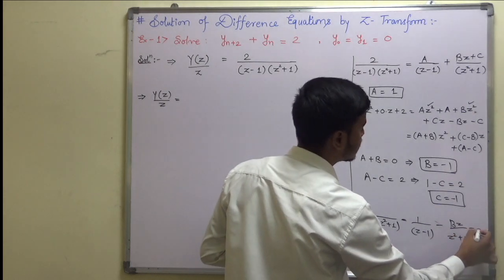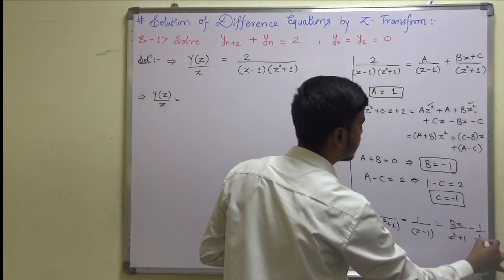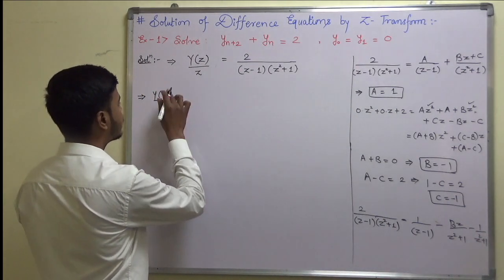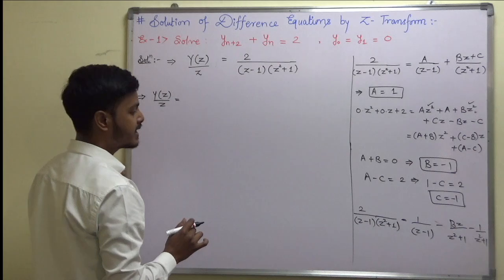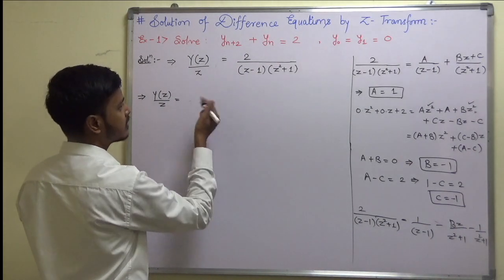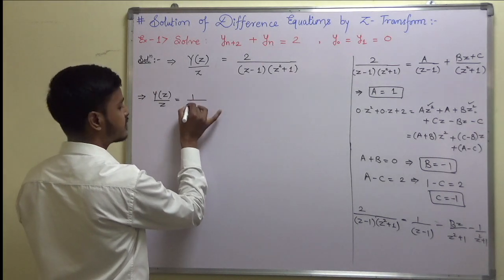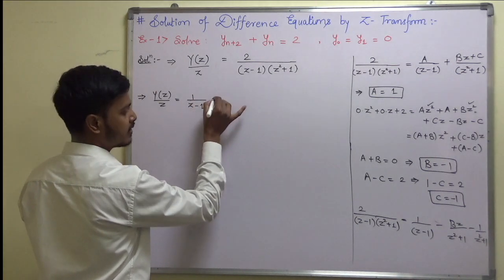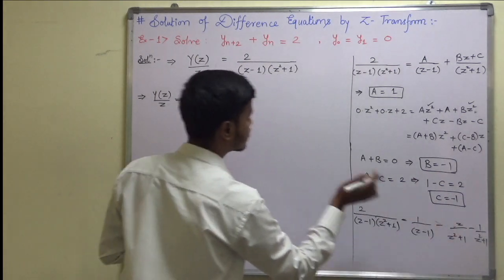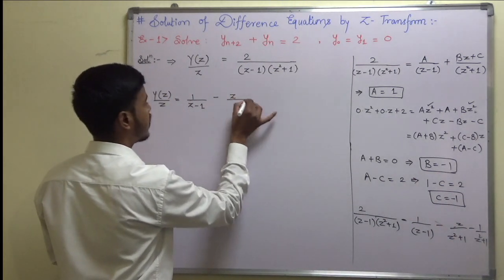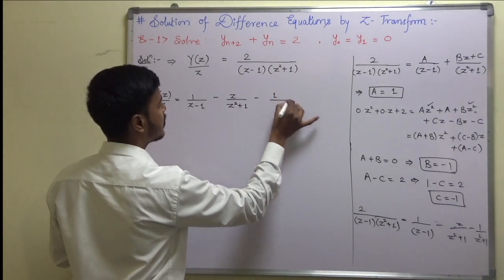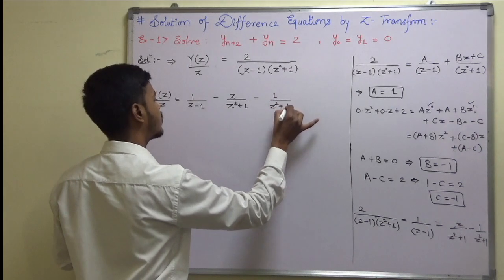C is also minus 1, so 1 upon z square plus 1. So when I substitute here, y of z by z is equal to 1 upon z minus 1 minus z upon z square plus 1 minus 1 upon z square plus 1.